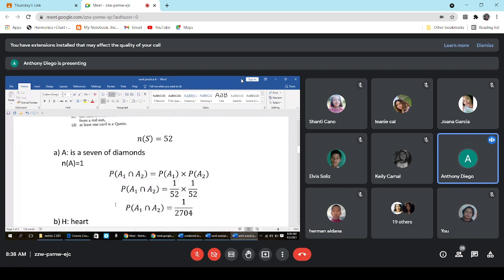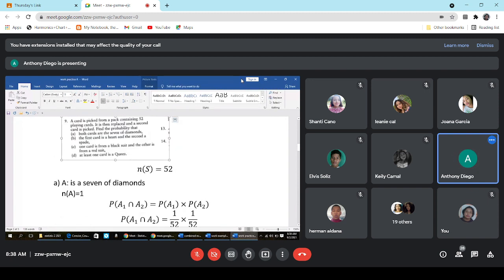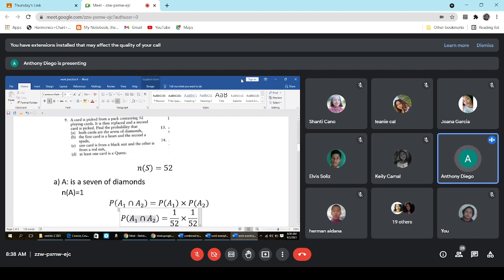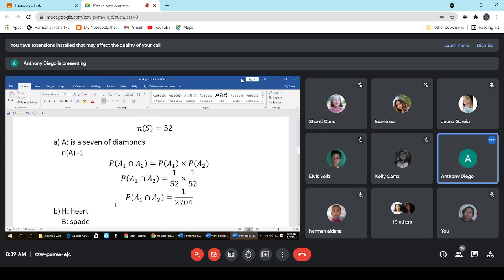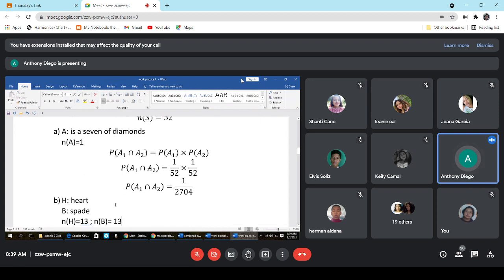Now, the second part is telling us the first card is a heart and the second is a spade. So remember, the first card has to be a heart and the other one has to be a spade. So that is independent events as well, but we won't be using a conditional probability problem. The first one has to be a heart, and the other one must be a spade. So we have that H is the heart and B represents spade.